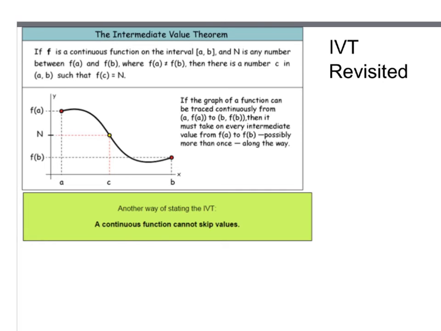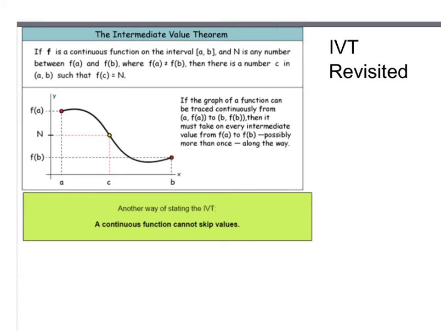But the intermediate value theorem, remember, says that if f is continuous over the interval from a to b, and n is any number between f of a and f of b, where f of a doesn't equal f of b, they have to be different. Now, this one doesn't have to be bigger, but they do have to be different. Then there is some number c in the interval such that f of c equals n.